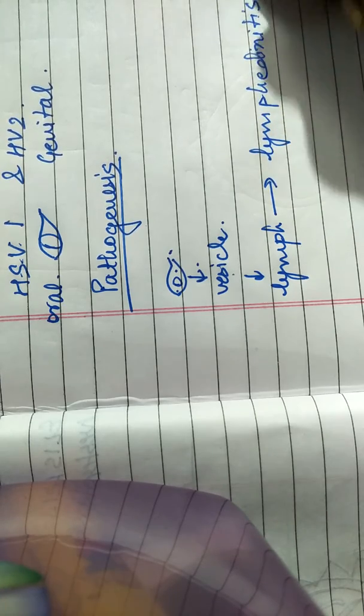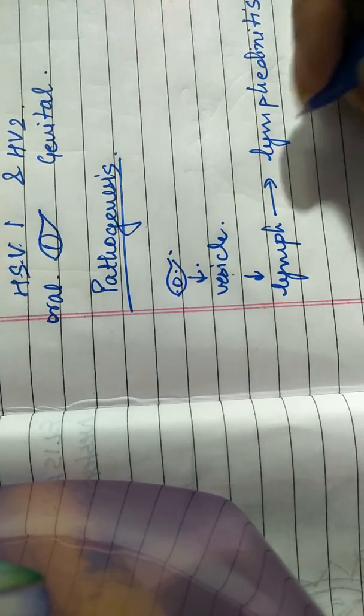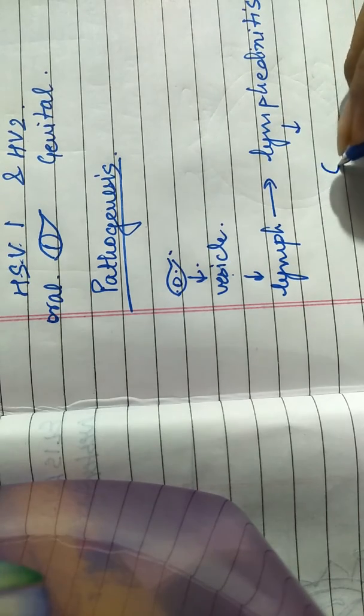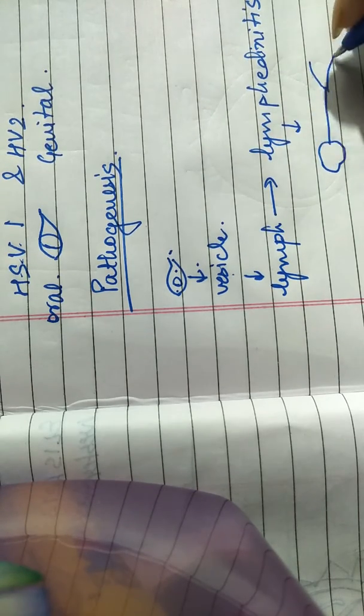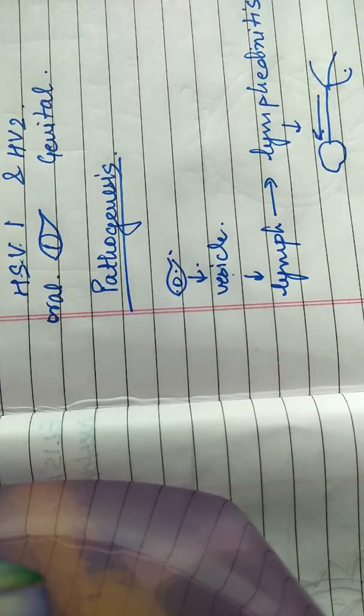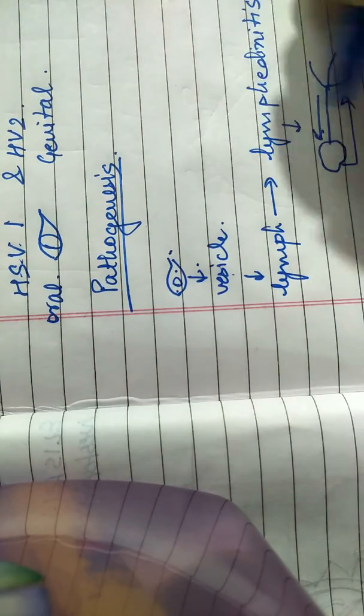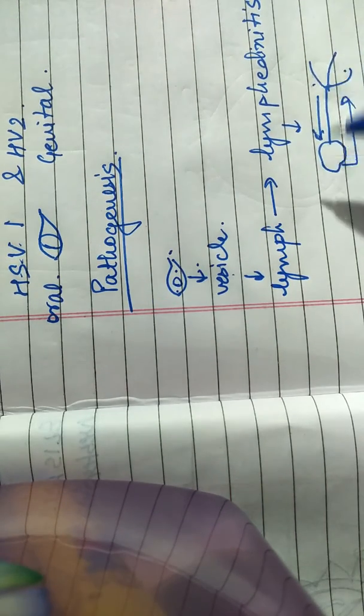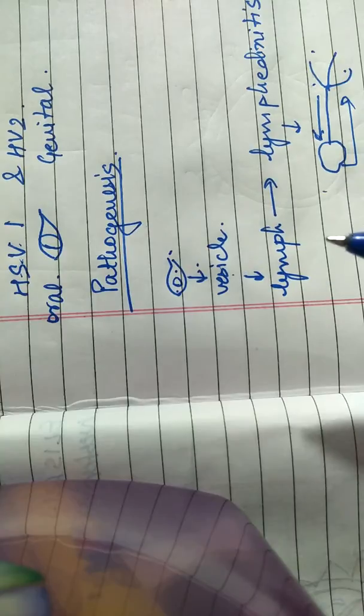After causing lymphadenitis, it flows retrogradely in the axon. Retrograde is opposite flow. The normal flow in the axon is from the cell body to the terminal. However, this infection flows retrogradely, from the dendrite to the cell body.